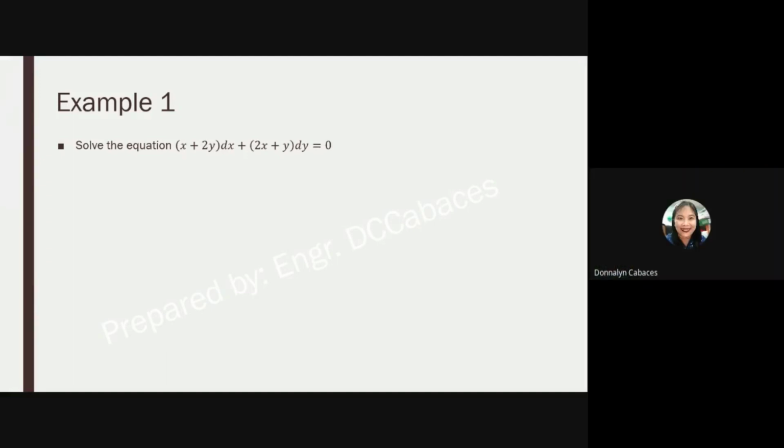Okay? If you inspect this differential equation, it is actually a homogeneous DE because you have x, 2y, 2x, and y. So this is homogeneous. But let me also show you the solution if we are to use the solution of an exact DE, if it is found to be exact.